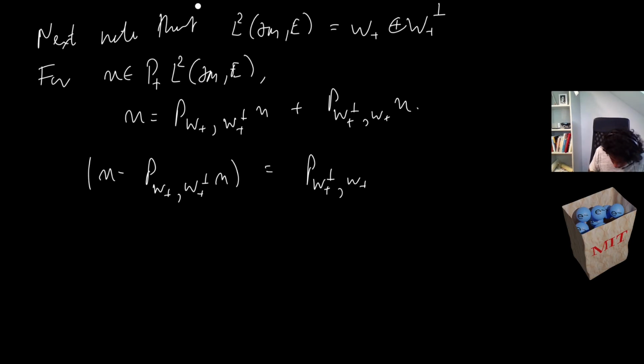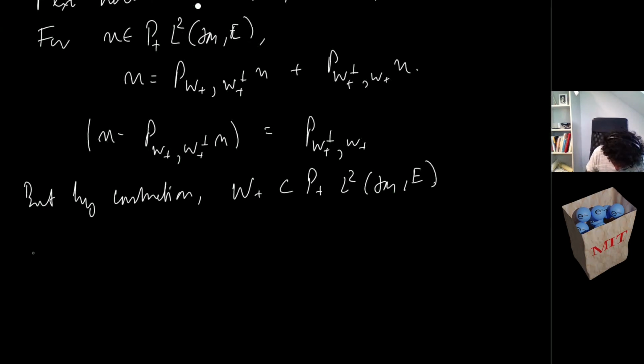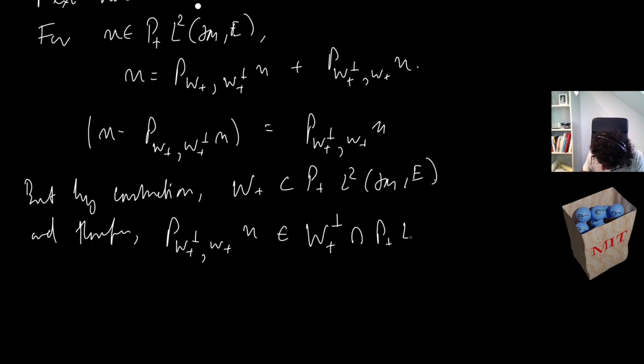But by construction, W plus is a subspace of P plus L2 ∂ME, and therefore W plus perp of U is in W plus perp, because that's the range it maps to, intersect P plus L2 of ∂ME, but that's exactly equal to V plus.